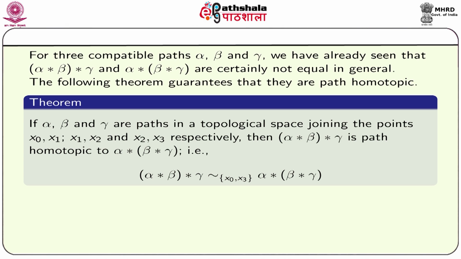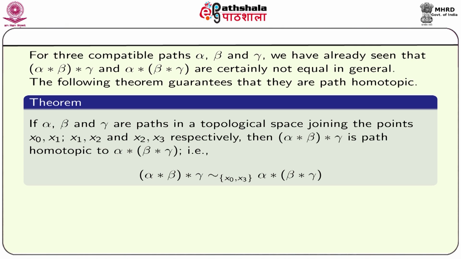That means, the initial point of alpha is x0, the final point of alpha is x1 which coincides with the initial point of beta, and the final point of beta is x2 which coincides with the initial point of gamma, and x3 is the final point of gamma.